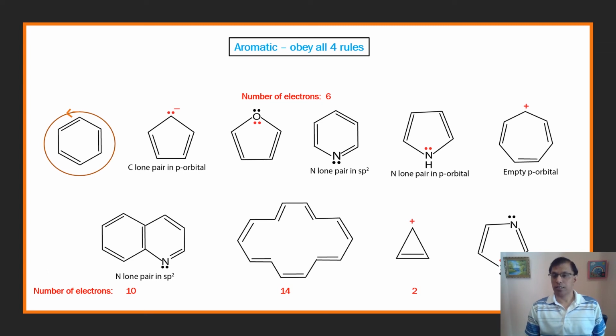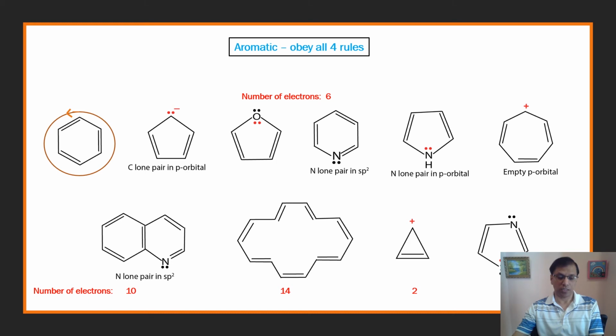Let's go on to the last example. This last example is a cation. It's a 7-membered ring, and it has 3 double bonds. That means it has 6 electrons for delocalization.